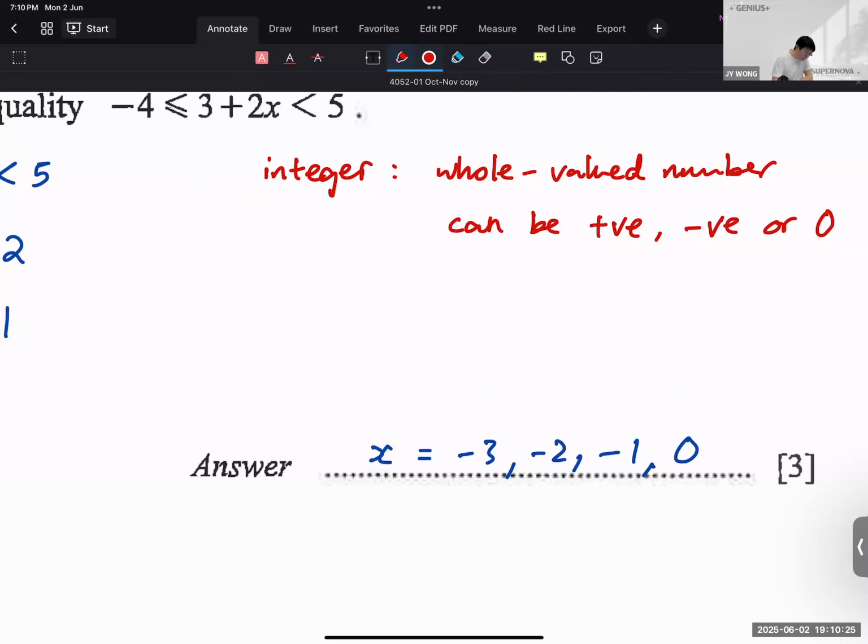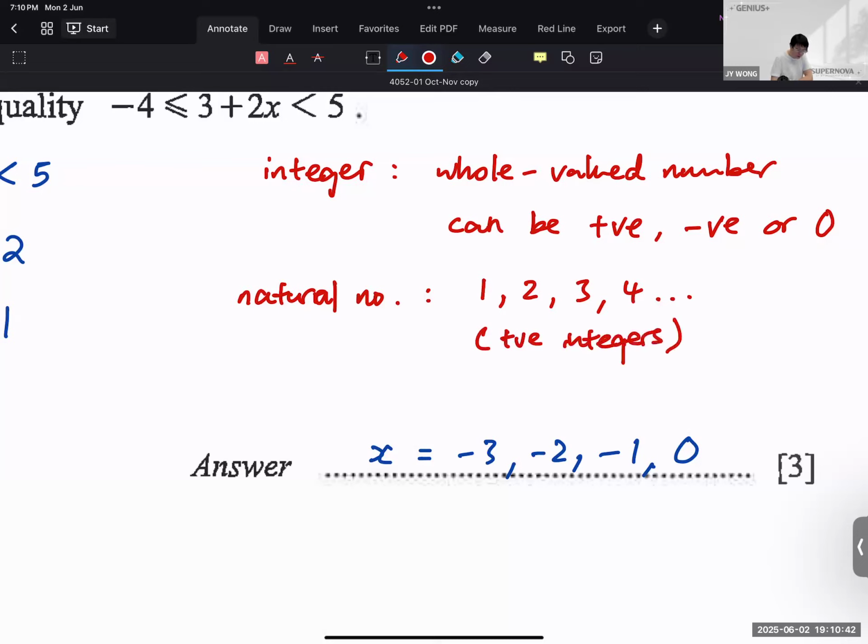Also things like what? They can sometimes use the expression natural number. Natural number is what? Natural number starts from 1. So basically, they are your positive integers. That is called natural number. Okay?